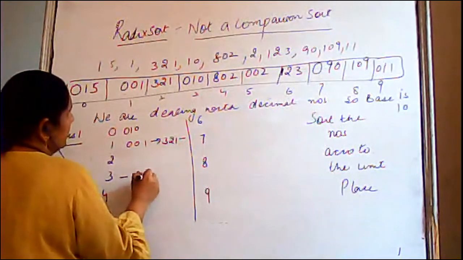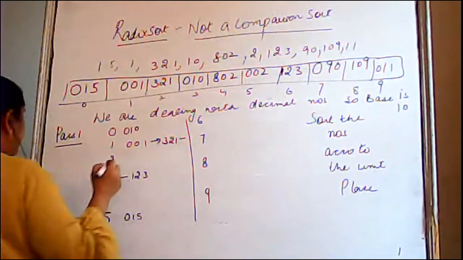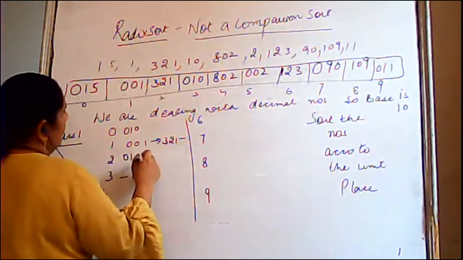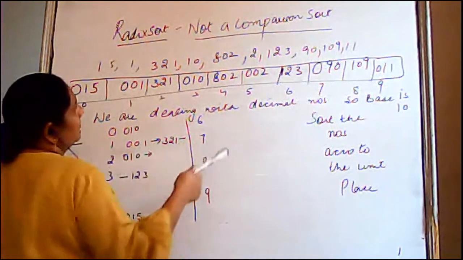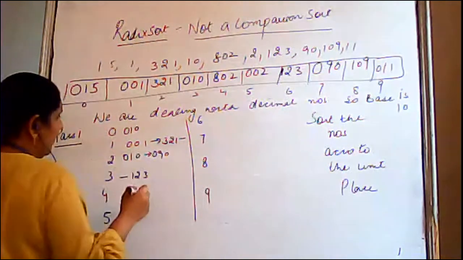123 will come here because it has 3 at the units place. So this is 010, then you have 090, then you have 109.